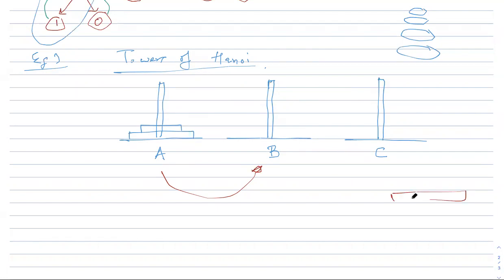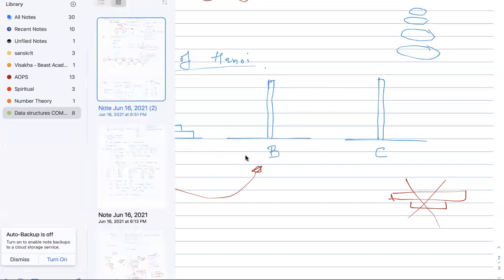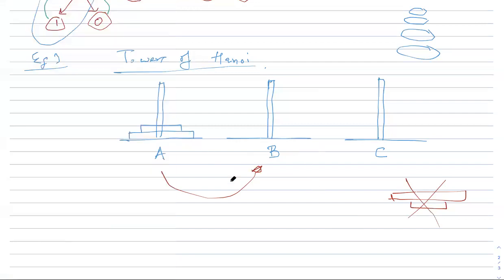So in other words, if you have a configuration like this, that would be an improper configuration. So how many steps would it take for you to maintain this and at the same time transfer the disks from A to B? So that is the problem.